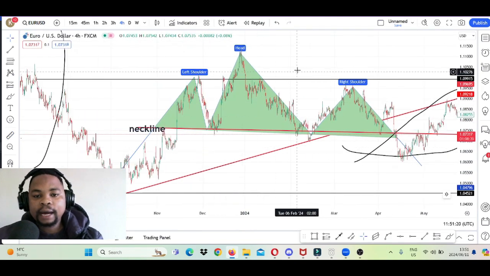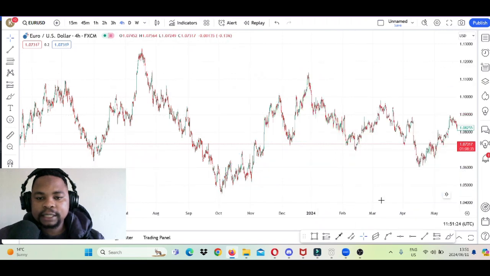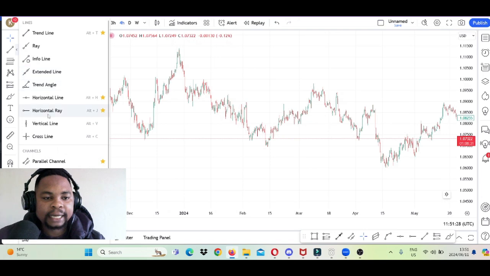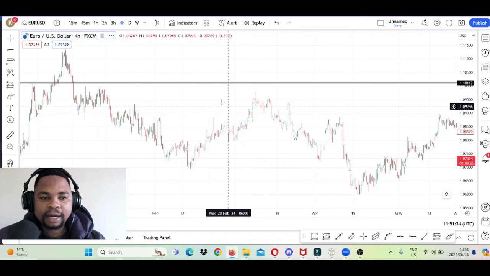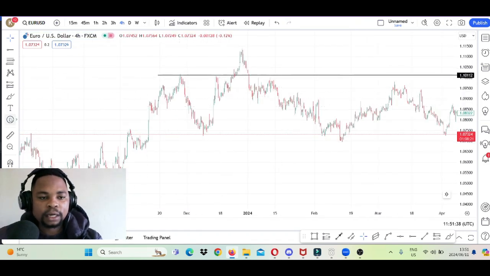So one thing that I want to educate and teach you guys with the head and shoulders is this. It's important that you mark your horizontal line like this, and you know already this is your left shoulder.